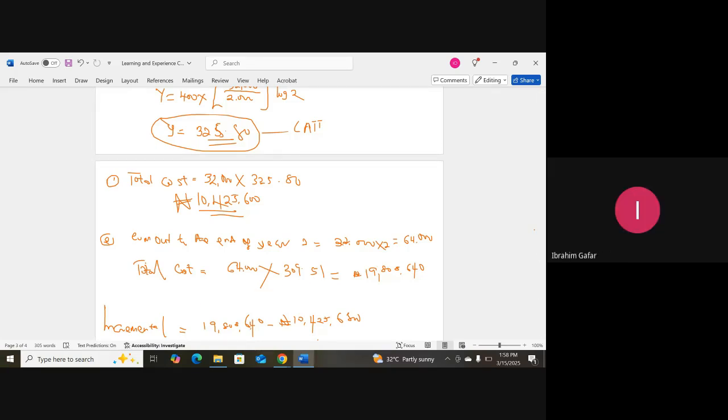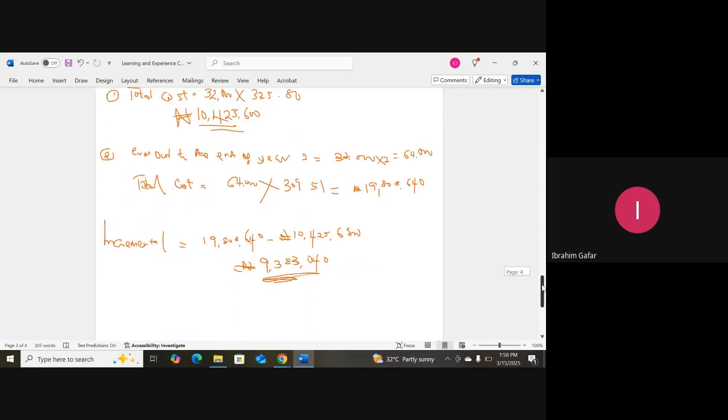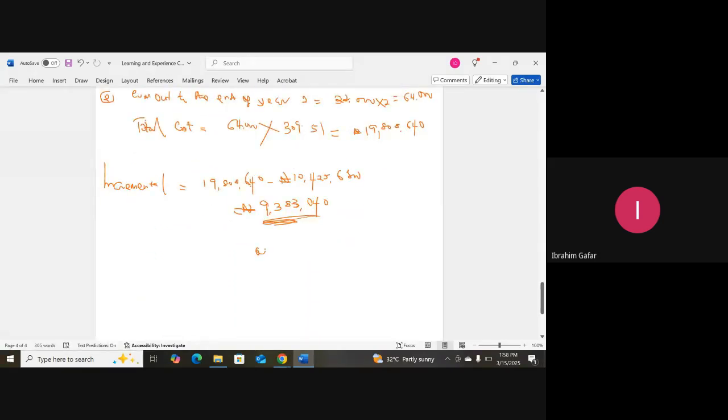What is the difference? 16.29. Then multiply by the incremental units, 32,000, since the difference between 32 and 64 is the same 32. You must get the same thing.